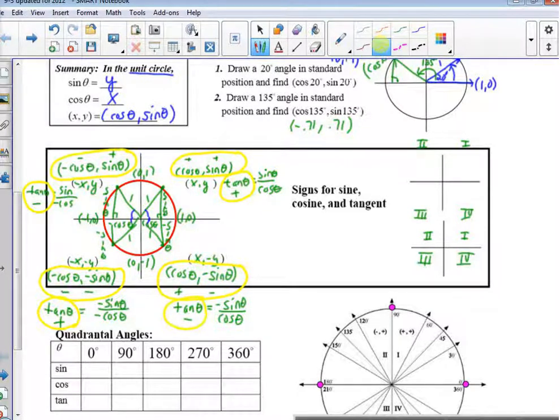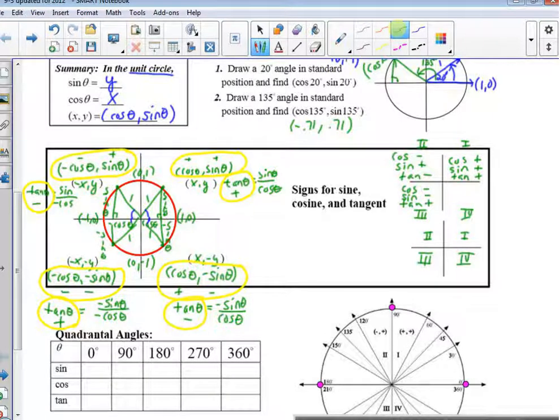And so now we can generalize here and say, in quadrant 1, they're all positive. So cosine, sine, and tan are all positive. In quadrant 2, we could say cosine is negative, sine is positive, and tan is negative. In quadrant 3, we could look at our signs and say cosine is negative, sine is negative, but tan's positive.